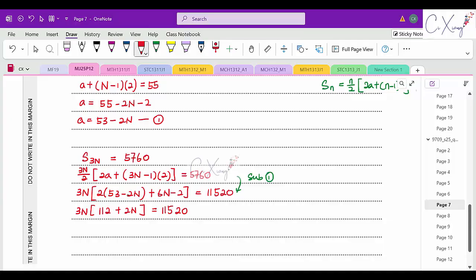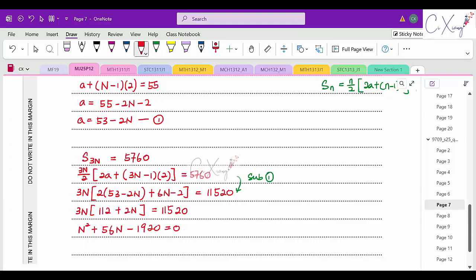Then continue and expand everything. By right, you will get n squared plus 56n minus 1920.